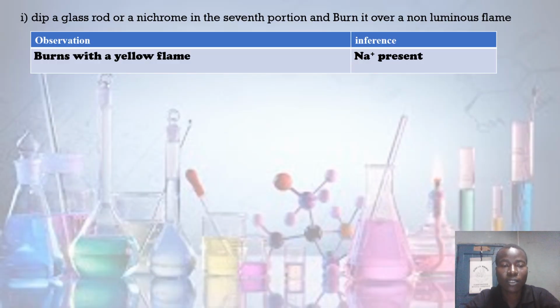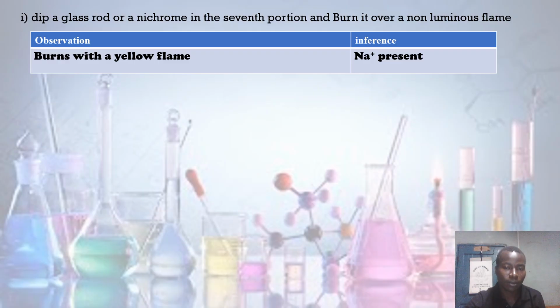Like for instance, if you see the flame being yellow, it implies that... sorry, in this particular case, you now need to look at the flame and tell us how that given solution has burnt.